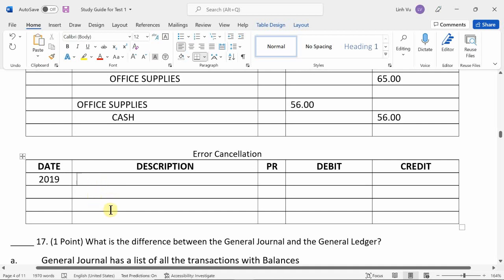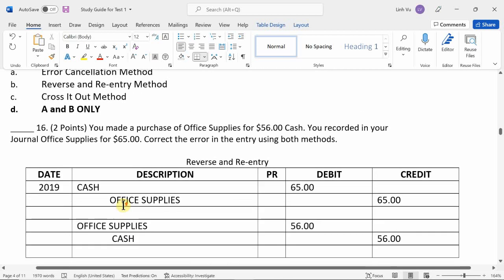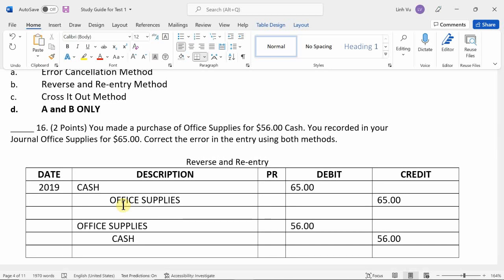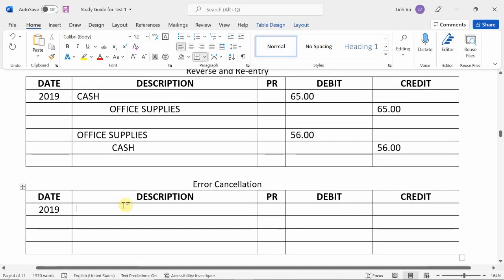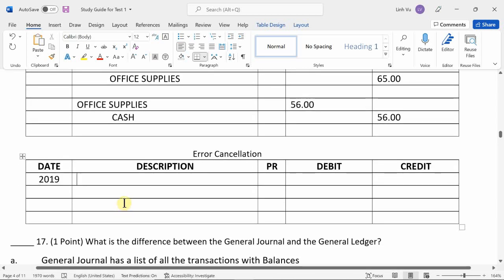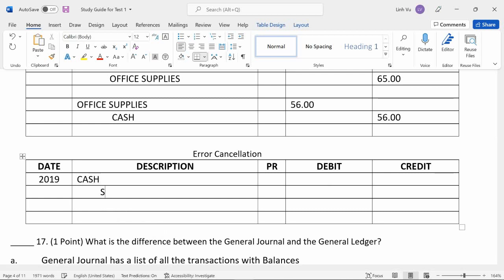What about error cancellation? How will I be able to do the error cancellation if I recorded my office supplies at 65, but in reality it's 56? When we include the cash by putting in a debit, because we took too much cash, so we are putting back the cash.